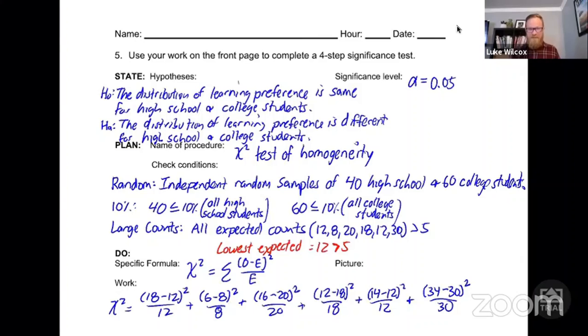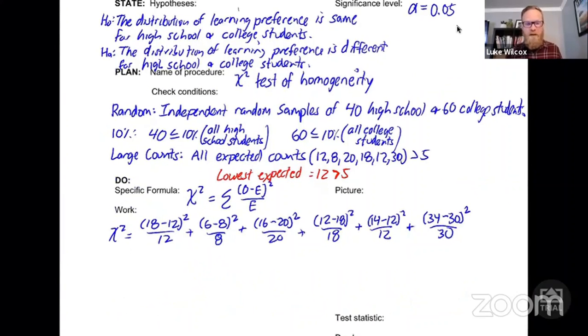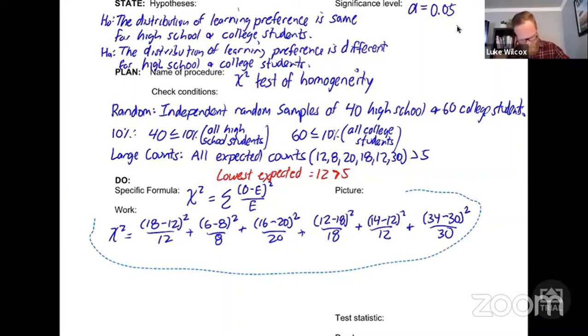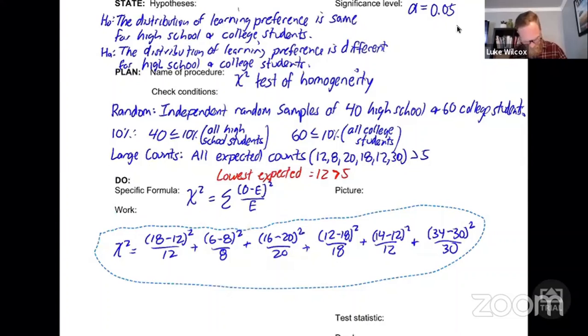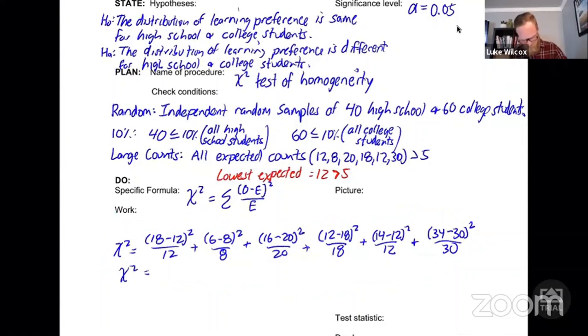So there are going to be 6 different parts to this chi-squared. We call these the 6 components for chi-squared, right? And I went through on the calculator and I found all of these values here. So let me show you what values I got for this. My first value was 3, and then I got 0.5, and then I got 0.8, and then I got 2, and then I got 0.333, and then finally I got 0.533.